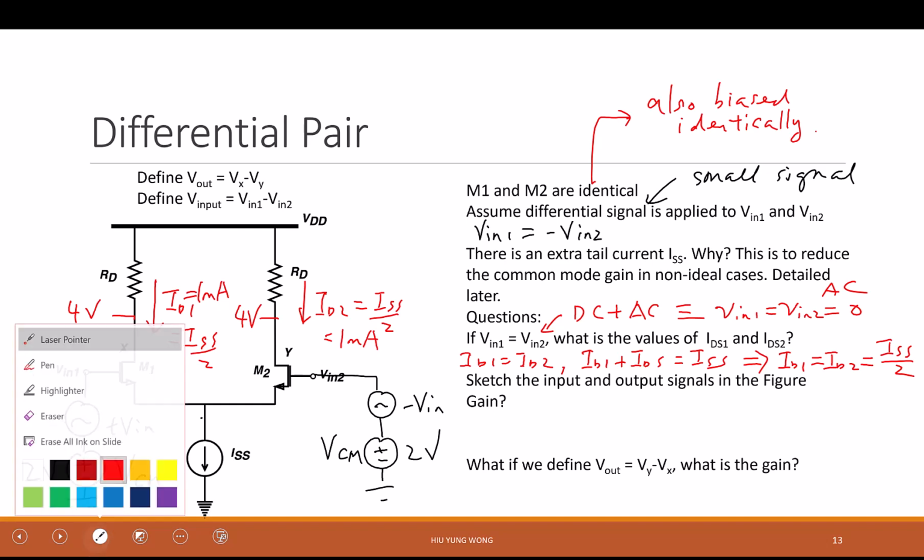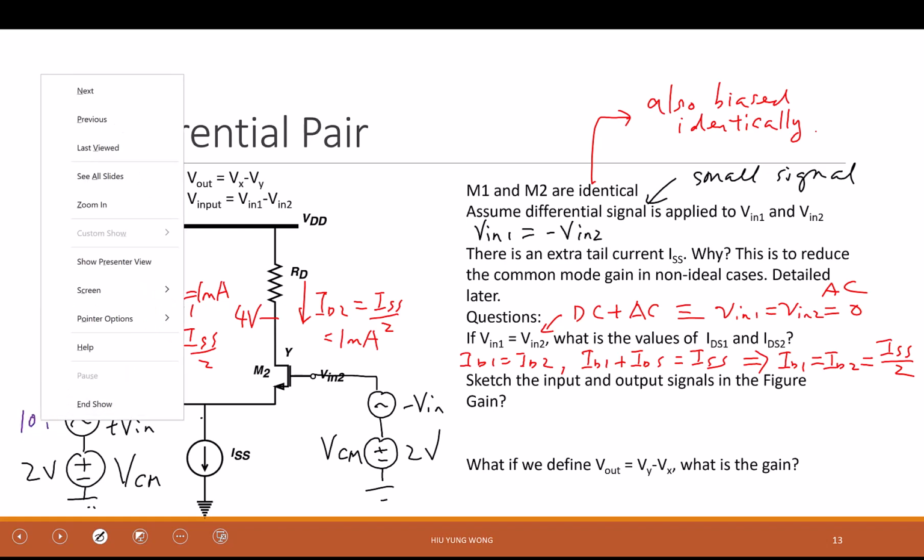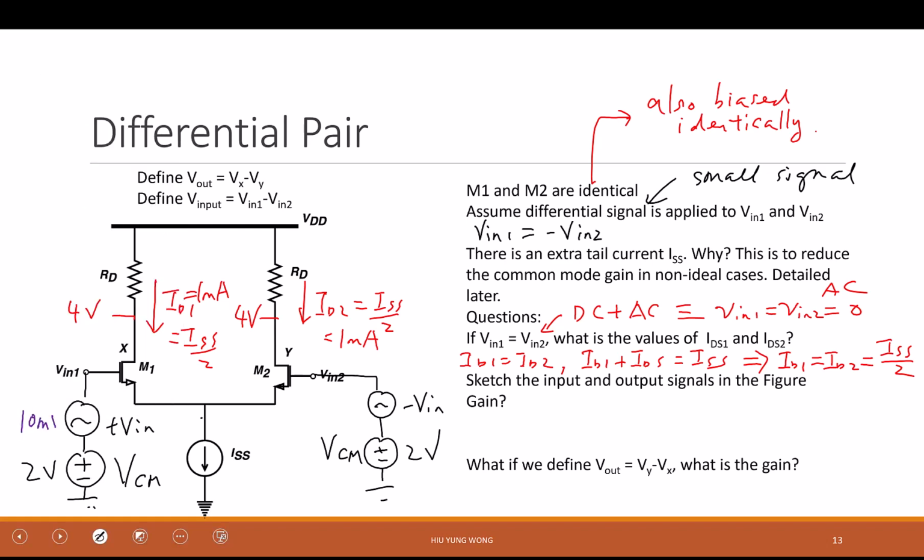Now I start applying the signal. For example, I apply this by 10 millivolt, and this is negative 10 millivolt. So the total voltage here becomes 2.01 volt, and this becomes 1.99 volts.